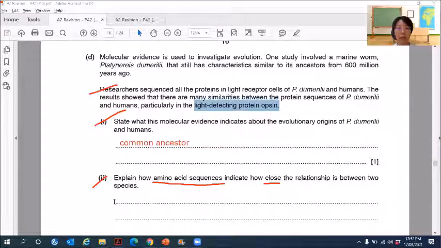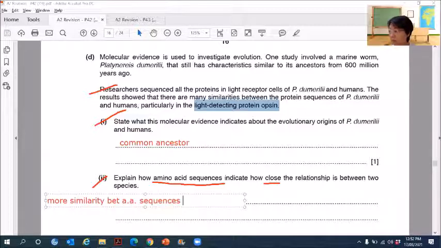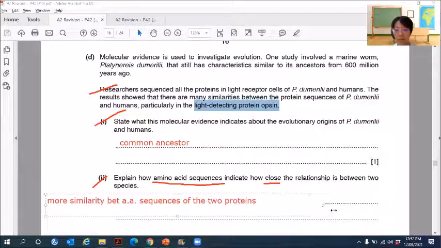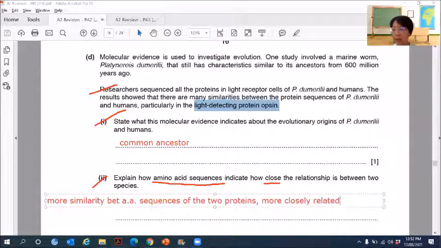The more similarity between the amino acid sequences of the 2 proteins, the 2 types of proteins from 2 organisms, the more closely related are these 2 organisms, right?